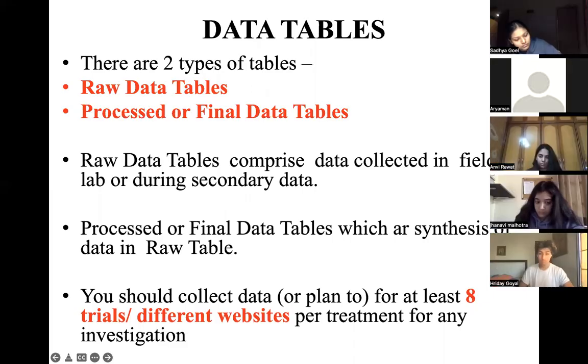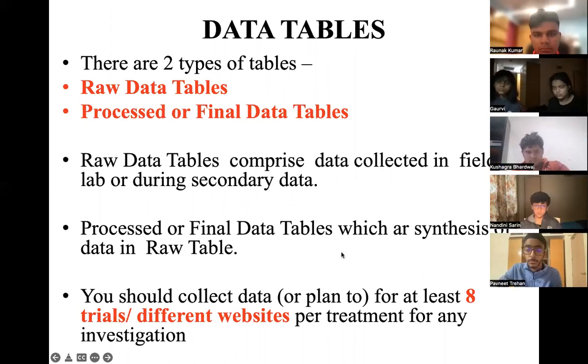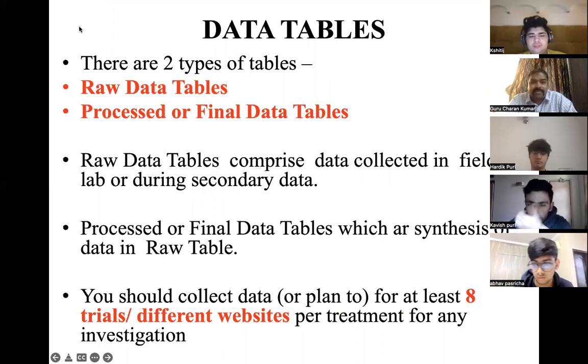Okay, fantastic. Then I'll go with Kavish. Kavish, do you understand anything? Yes, I understood. Can you tell what you understood? Sir, we have to have at least 8 trials, or we have to collect data from at least 8 different websites to make sure that what we are doing is correct. Fantastic, brilliant, 5 out of 5.